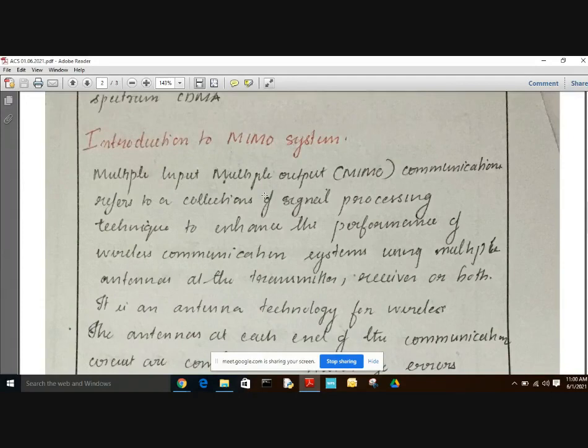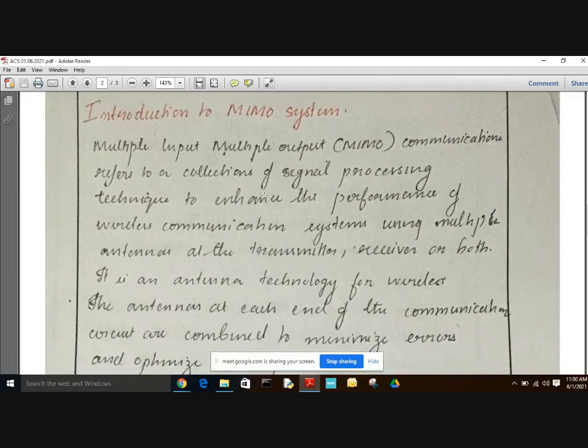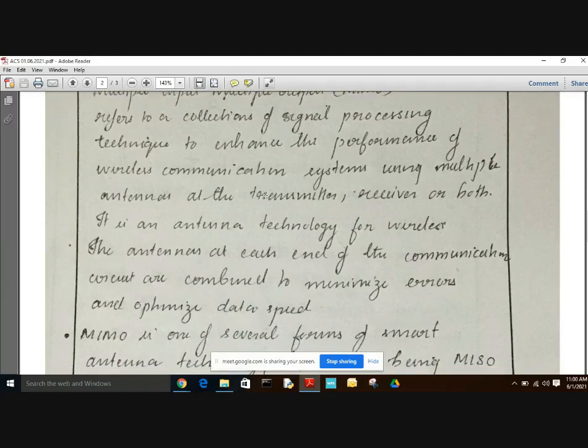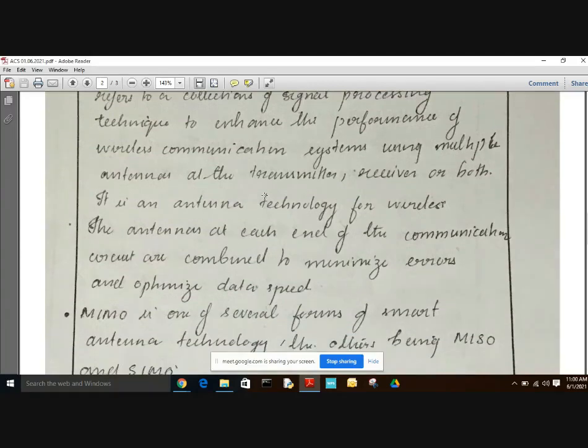It is basically an antenna technology for wireless communication systems. The antennas at each end of the communication circuit are combined to minimize the error and optimize data speed. So by using this MIMO model, it increases the data speed also.